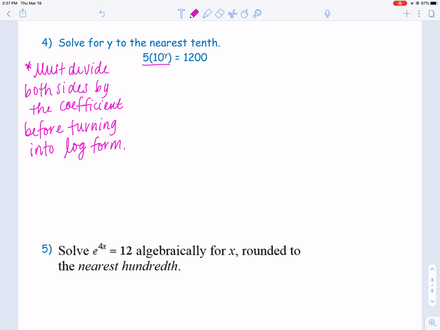So if I divide both sides by 5, I have 10 to the y equals 240.